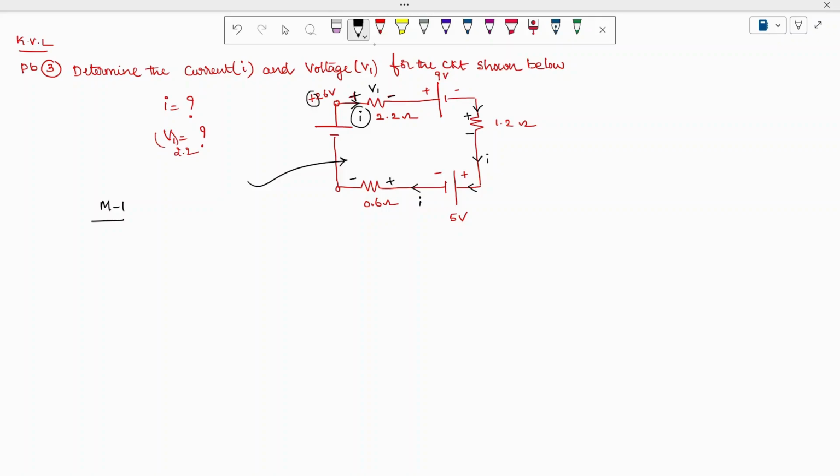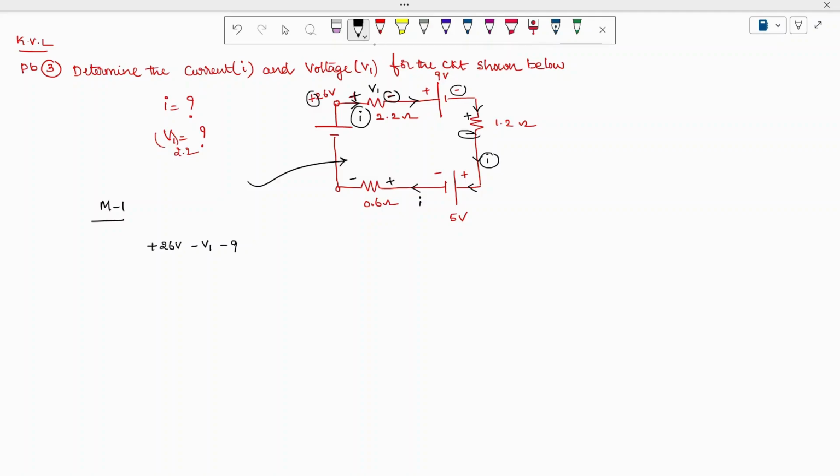Current is leaving the voltage source of 26 volts, so plus 26 volts. What is the terminal of this resistor? It is minus V1, the voltage, and current is leaving. What is the polarity of the source? Minus 9. Current is leaving.